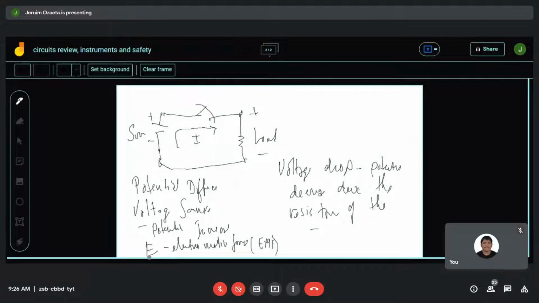Here, this is the expression, and often the voltage drop is symbolized by VD, which is equal to IR. IR is the voltage drop.